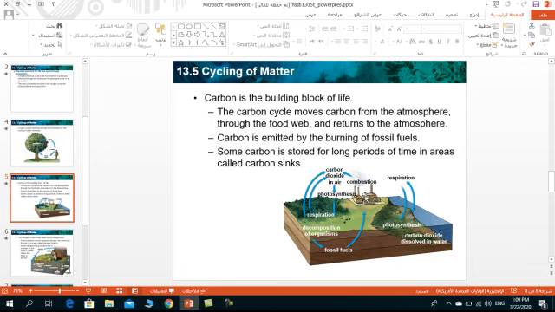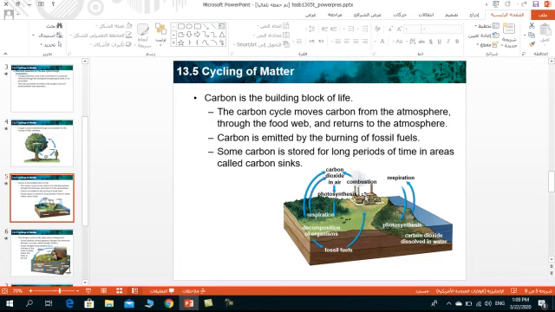Another source of atmospheric carbon is methane, which is emitted from wetlands, landfills, and livestock. Let me say another thing: not all the carbon molecules move freely through the cycle.